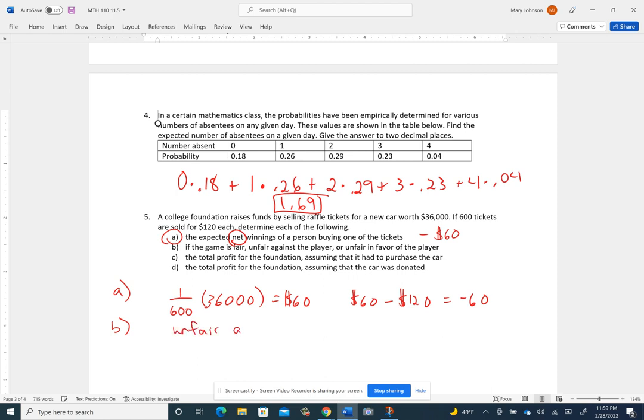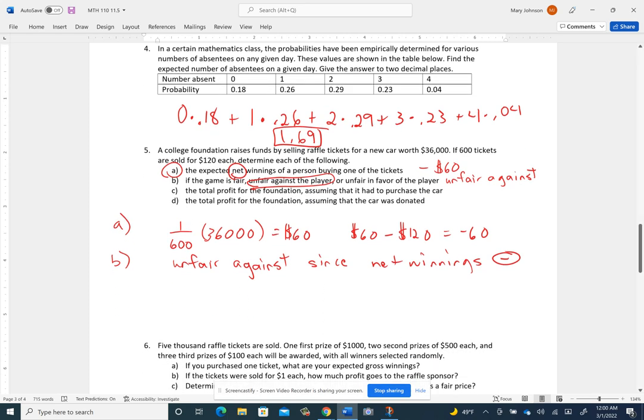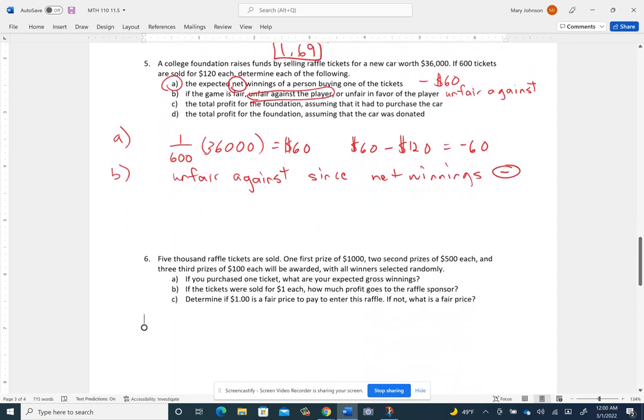Since net winnings are negative, it's unfair against the player.